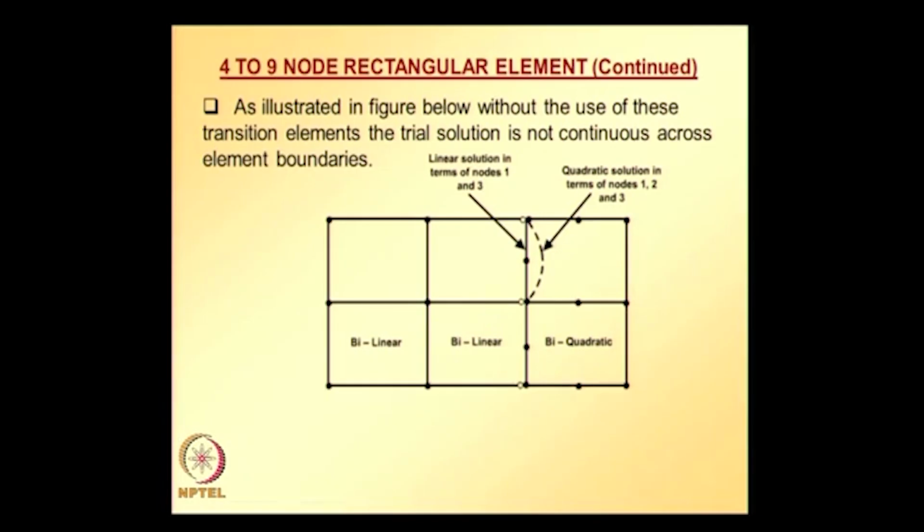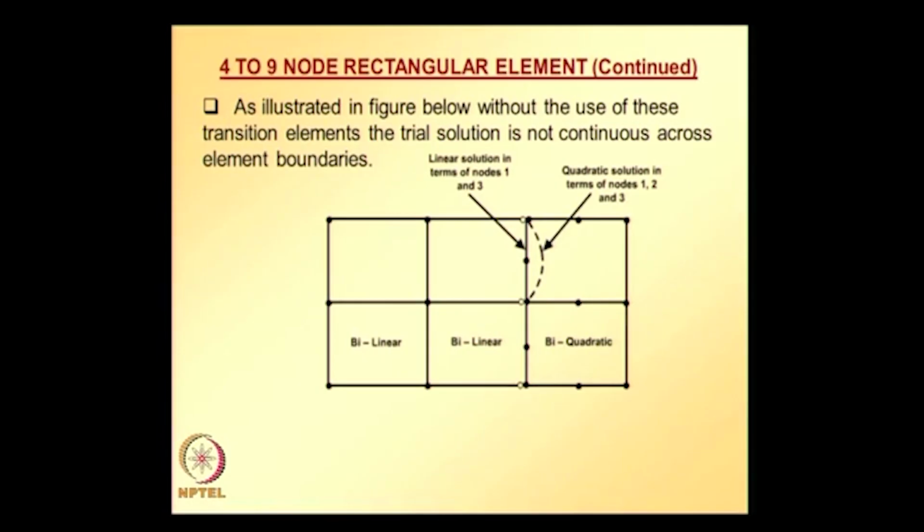If you can see the edge towards which the arrows are pointed out, you have linear solution on the side of 4 noded elements, a linear solution in terms of nodes 1 and 3, whereas on the side where 8 node elements are present, a quadratic solution in terms of nodes 1, 2, 3.